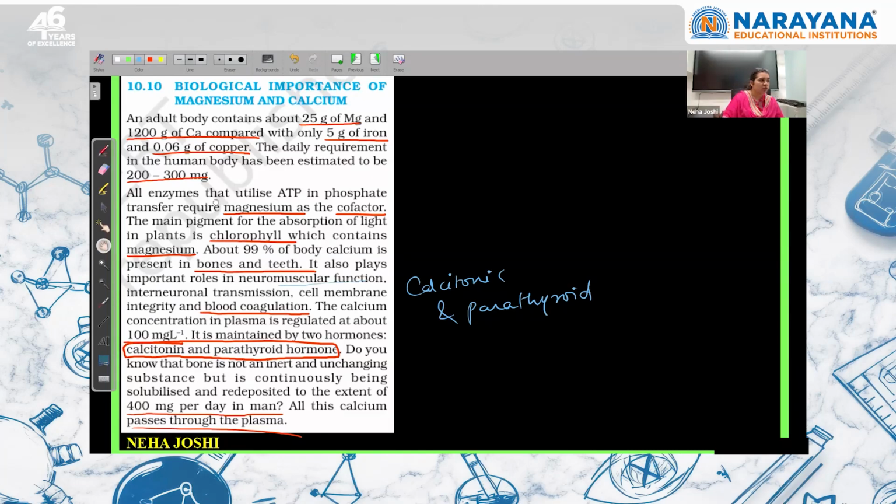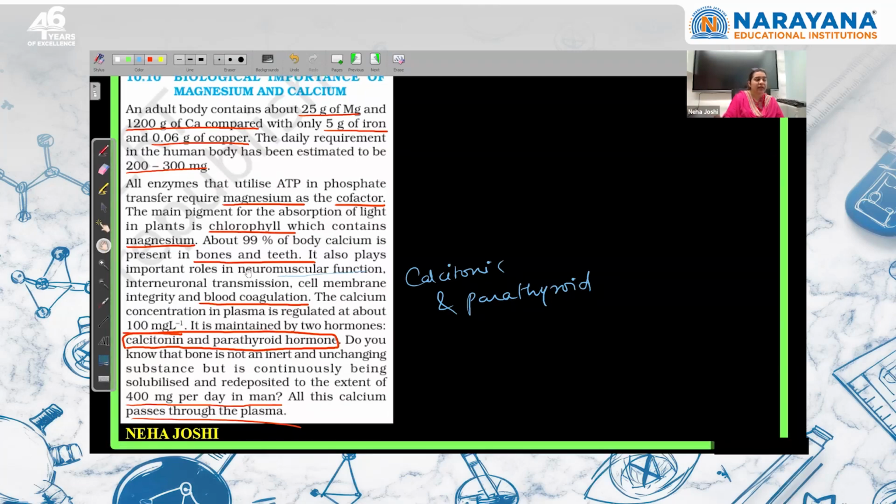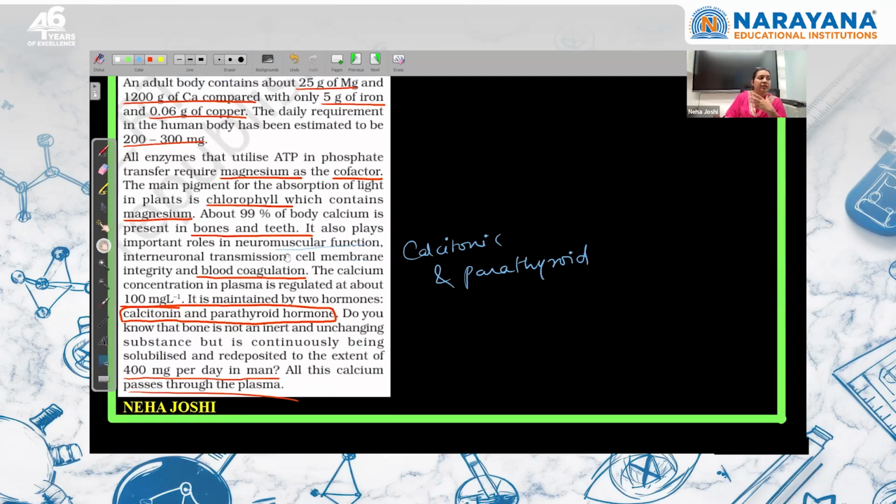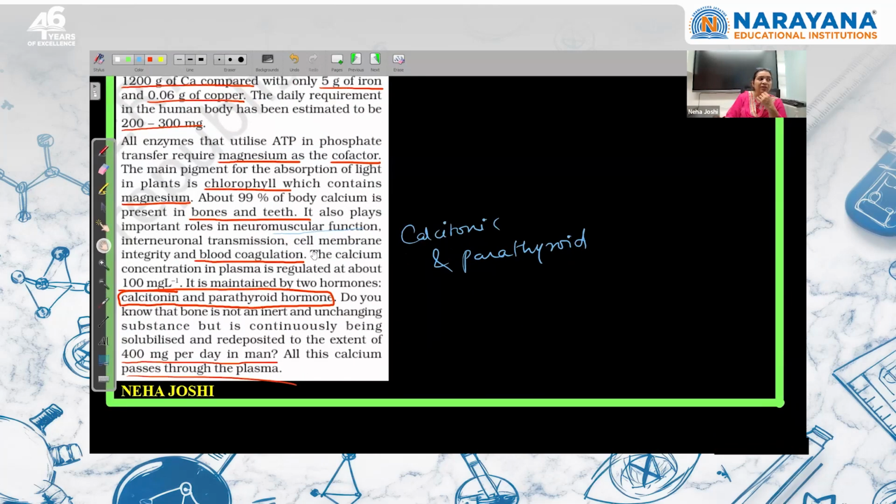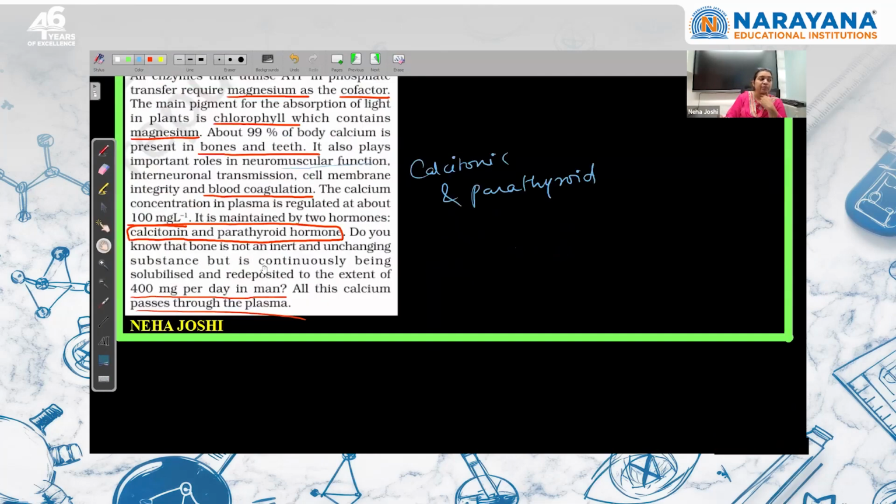Do you know that bone is not an inert and unchanging substance, but is continuously being solubilized and redeposited? That is why we need a continuous supply of calcium. If you do not eat calcium on a regular basis, you will suffer a disease called osteoporosis.